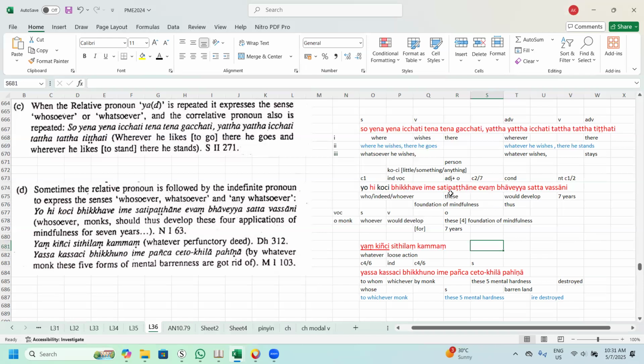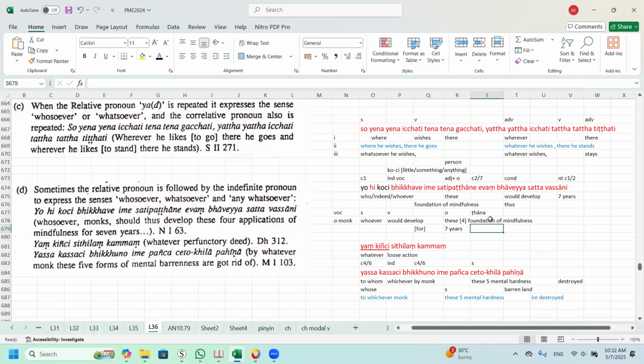So sati. So that means here we will translate the thana. Thana means stand.